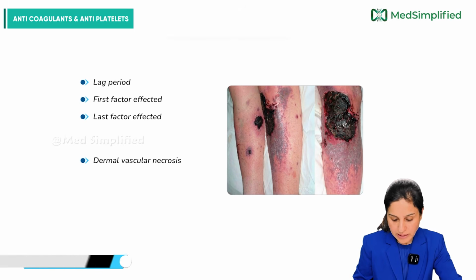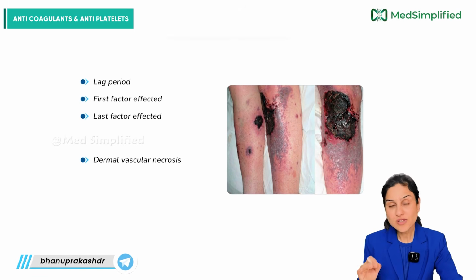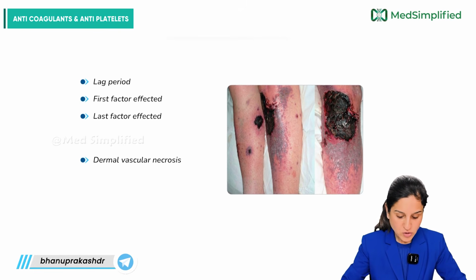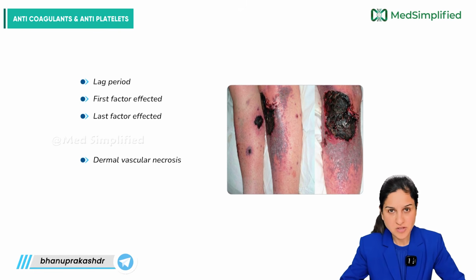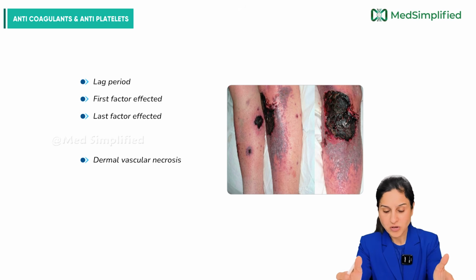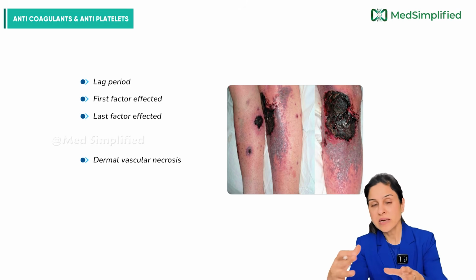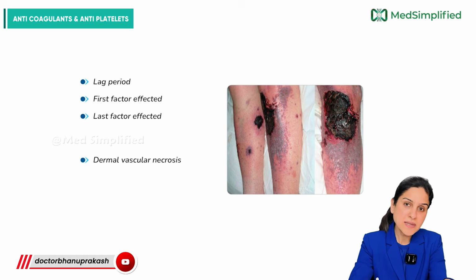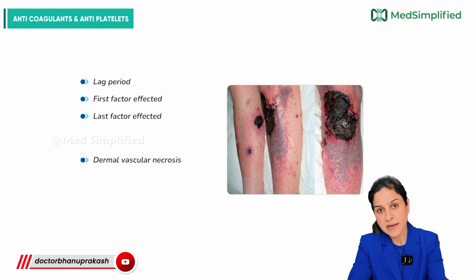What are the important points you need to know about warfarin? Number one, when you give warfarin, you don't see an immediate action. Why? It inhibits the synthesis or activation of the newer clotting factors, but whatever has already been synthesized will not be acted upon.